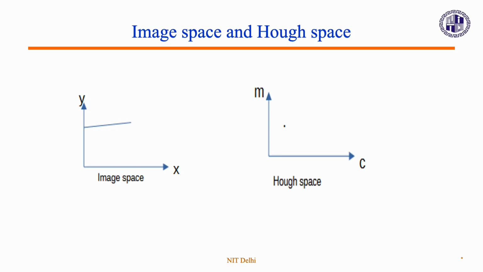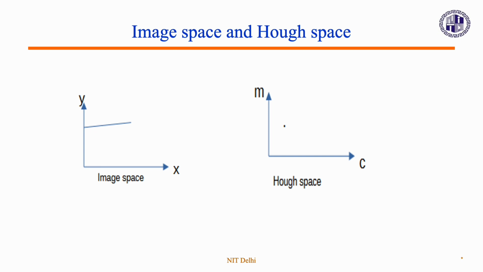Now coming to the image space and Hough space. This figure shows the image space representation. In this, an edge is represented as a line.